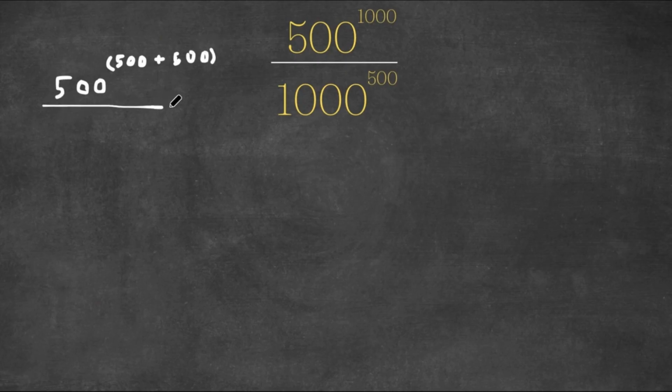And now we're going to divide this by, I'm actually going to rewrite 1,000 as 2 times 500. This is the power of 500.